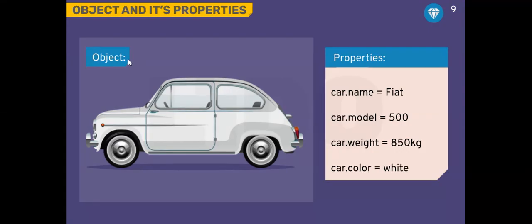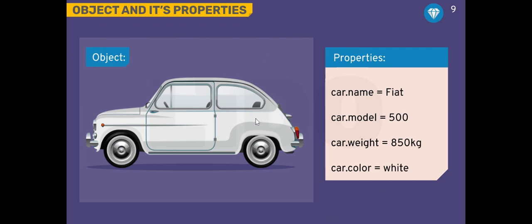Okay. Now let's see objects and properties. Objects means car name is V10, car model is 500, car weight is 850 kilos, and car color is white. You know, it's a proposition.